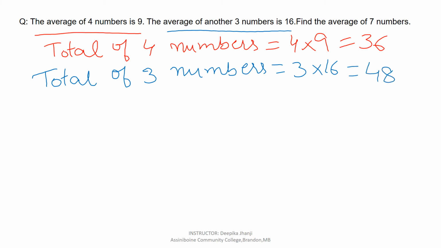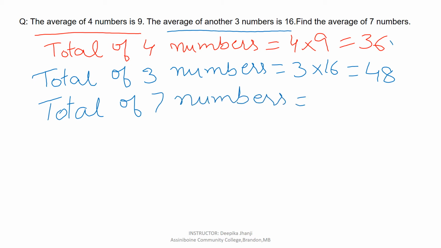Now we want to calculate the total of 7 numbers. Total of 7 numbers is 36 plus 48, and this comes out to be 84. So we have total of 7 numbers, which is 84.